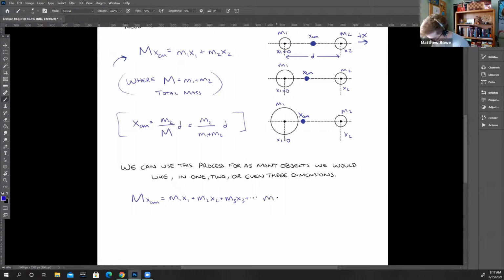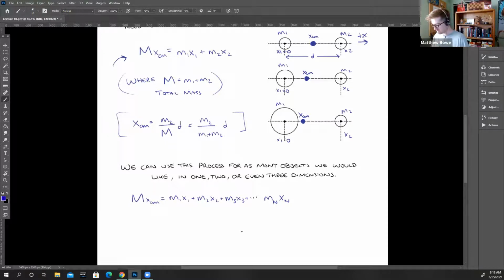So I'm just going to say mn times xn. n is just whatever number I'm going to stop at, so this could be up to m20 and x20. I'm just adding each individual one together, whatever the problem asks for.